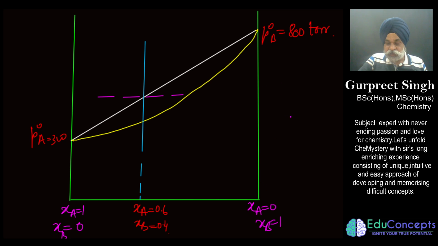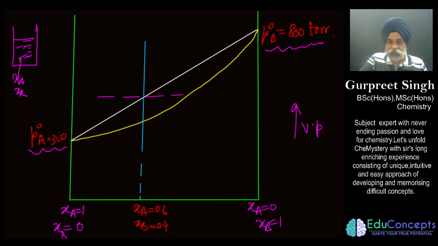On this side you have a vapor pressure. This is the vapor pressure of pure B, this is the vapor pressure of pure A, and you are being provided with a liquid where XA and XB are given as 0.6 and 0.4.